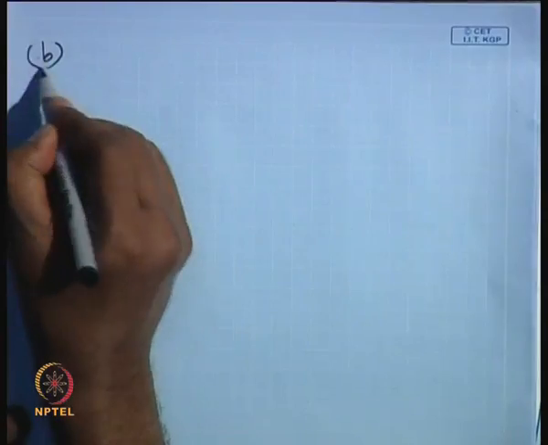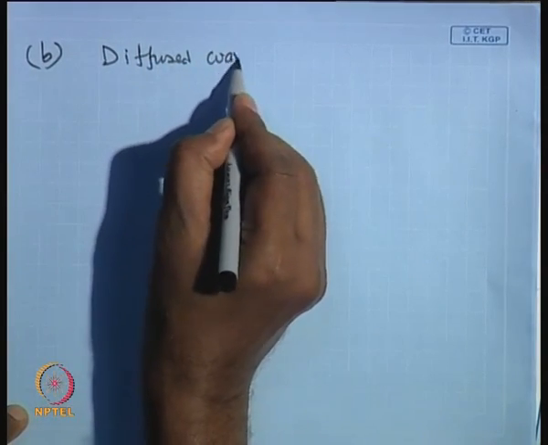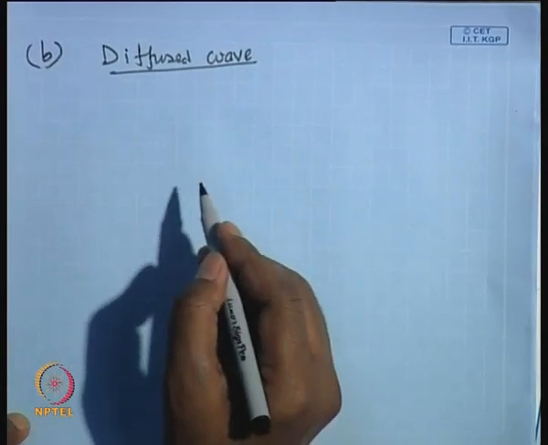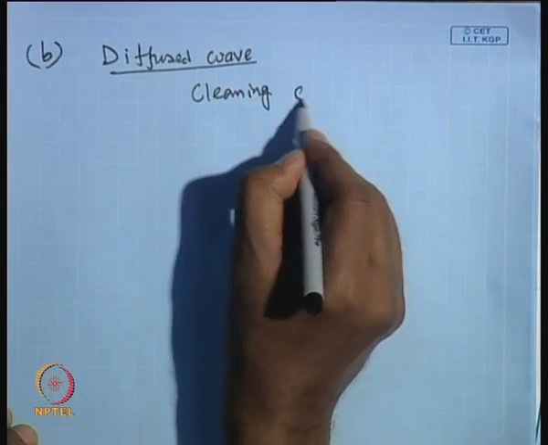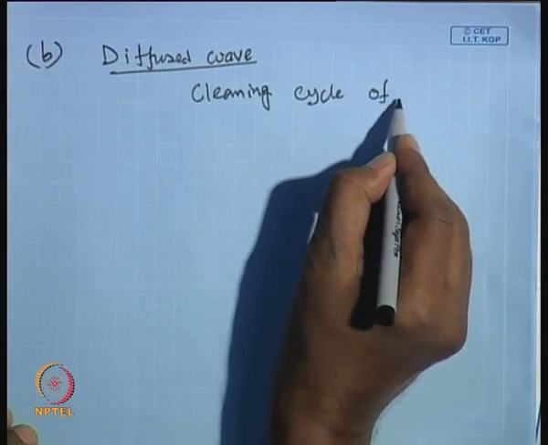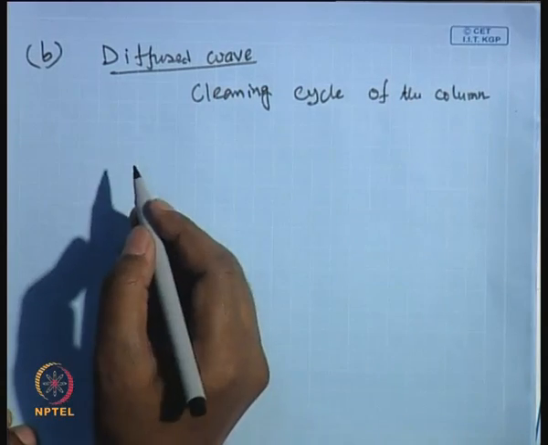Let us talk about part 2. So that goes for part A. Part B is the diffused wave, and this is the cleaning cycle of the column.